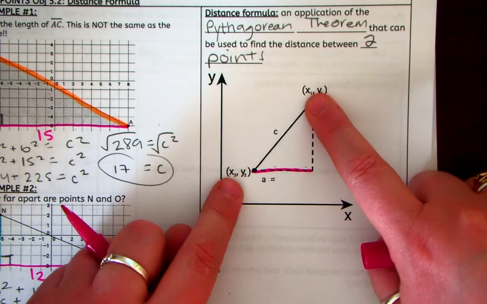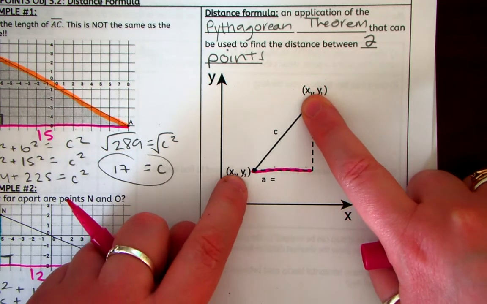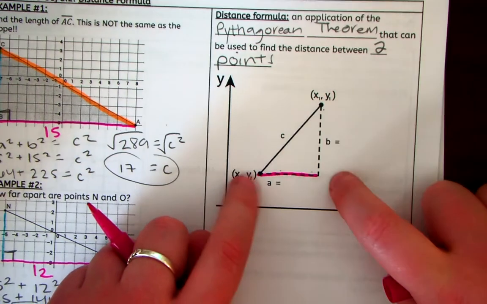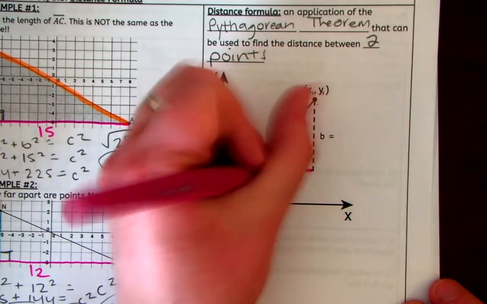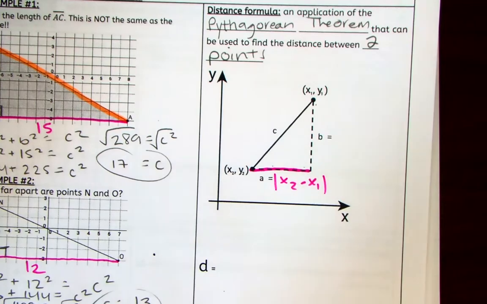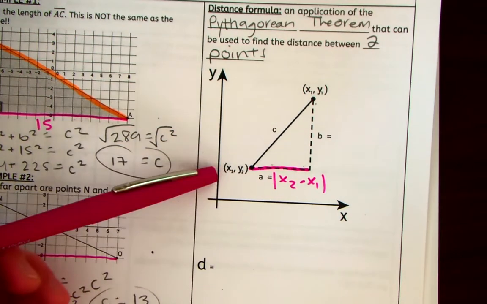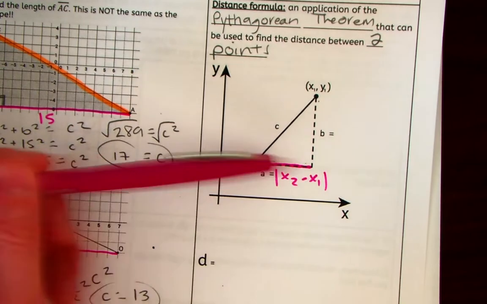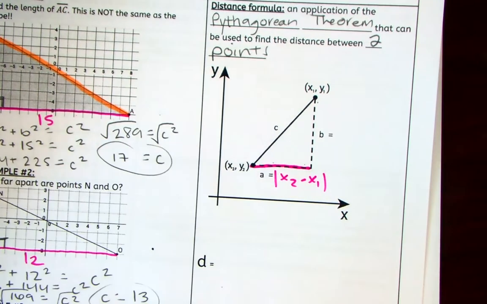I'm just using x2 and x1 to talk about different coordinates; you're going to start using variables. So how do I find the space between x2 and x1? I just subtract and then take the absolute value. Does that make sense? Whatever x2 is, if I subtract from it whatever x1 is, it's going to tell me how long this leg is.